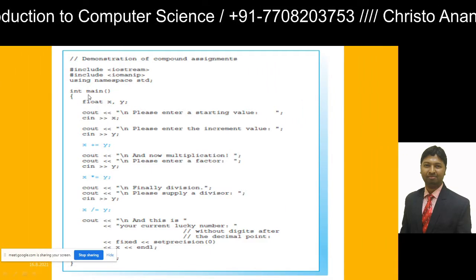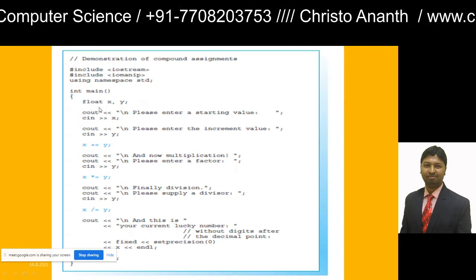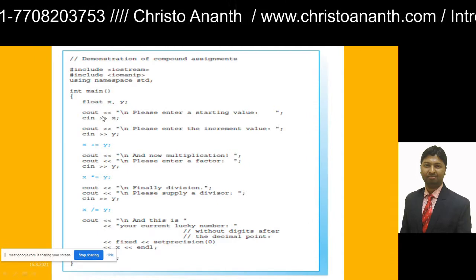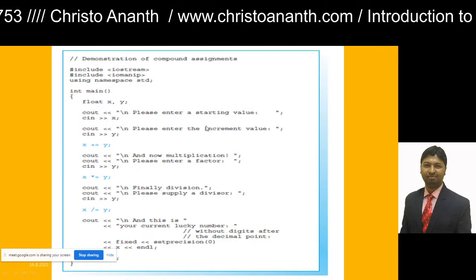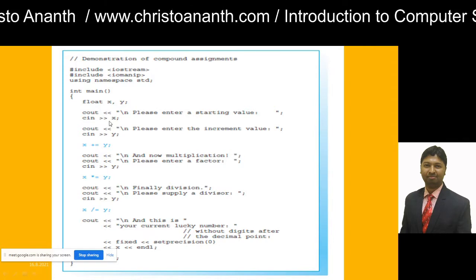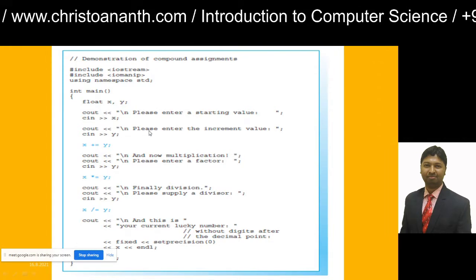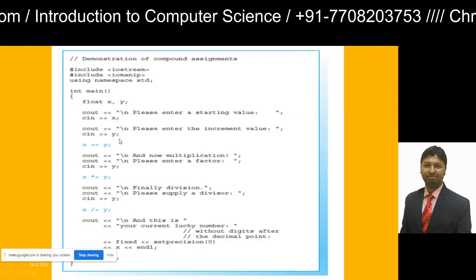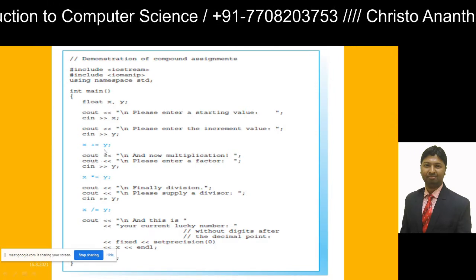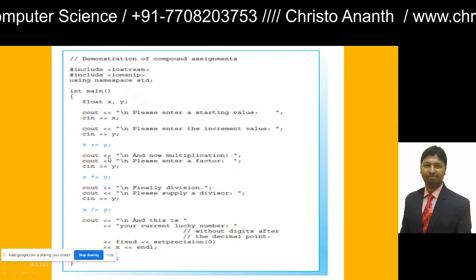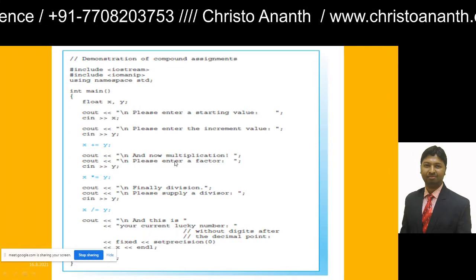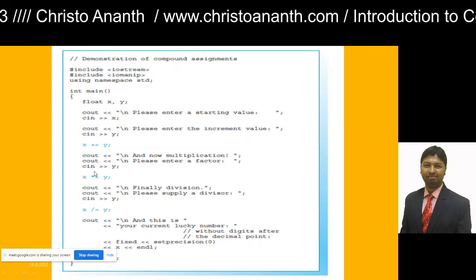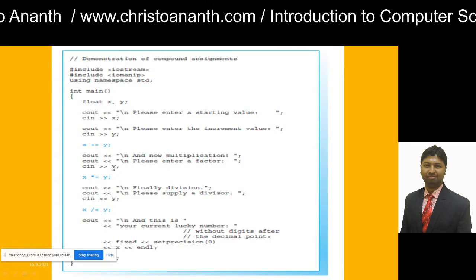You are going to start with the main function, int main, and define floating point variables x and y. cout: please enter the starting value, and then cin x. cout: please enter the increment value, and cin y. So x += y. And cout, now multiplication: please enter a factor. So cin y.